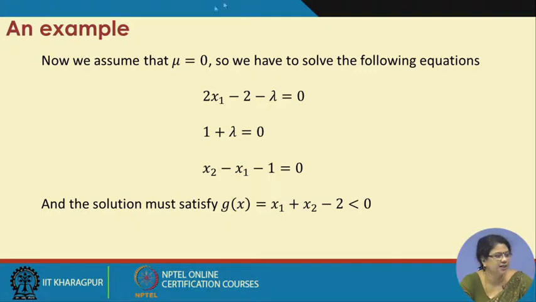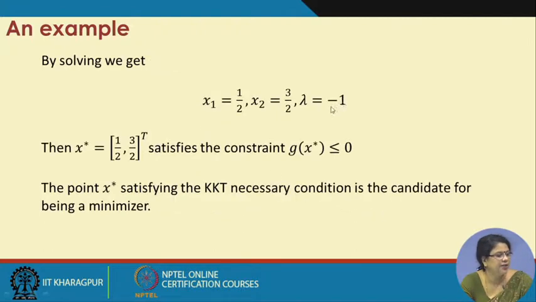Now, in that case we are getting this one along with this condition, and whatever value we are getting, we could see that it is satisfying all the KKT conditions together, and you must have been seeing that the lambda value is negative, because in the Lagrange multiplier method, for the minimization type of problem, lambda is negative. We are getting that as well. That is why we can say that the corresponding x will be the optimal solution for the problem.